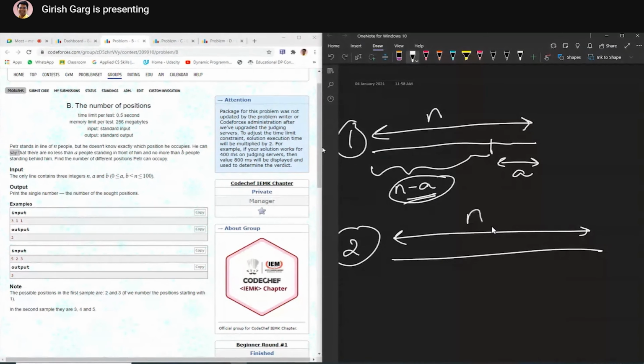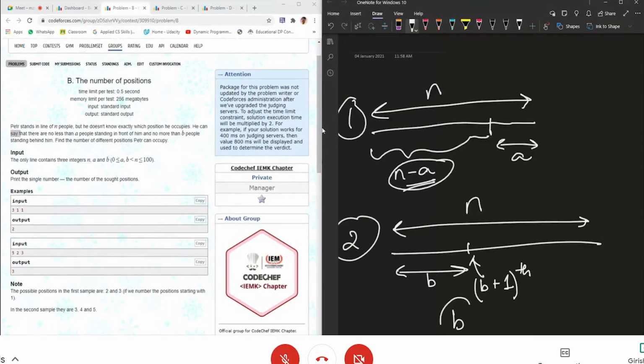So here are the n people, and suppose these are the b people, and since a maximum of b people can stand behind me, I will be standing here, that is the b plus 1th position. When I'm standing at the b plus 1th position, b people are behind me, so I can occupy a maximum of b positions.